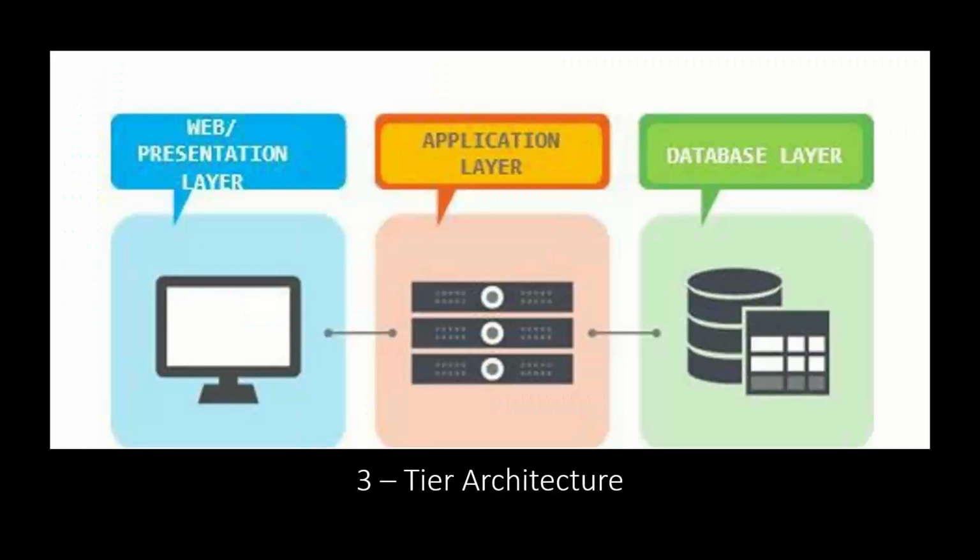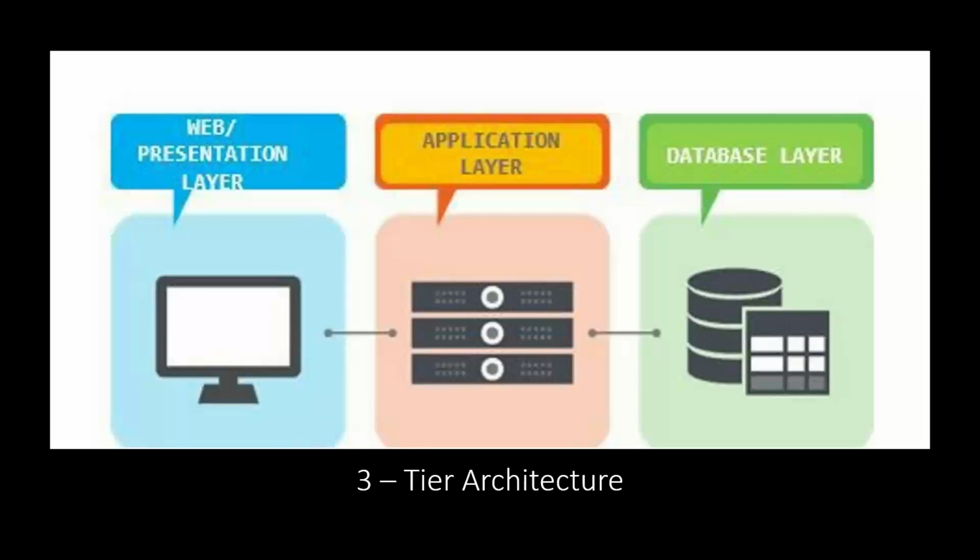So this is the three-tier architecture. Any software you develop should adhere to this three-tier architecture. We have three layers here: presentation layer, application layer, and database layer. The presentation layer is what goes to the customer.